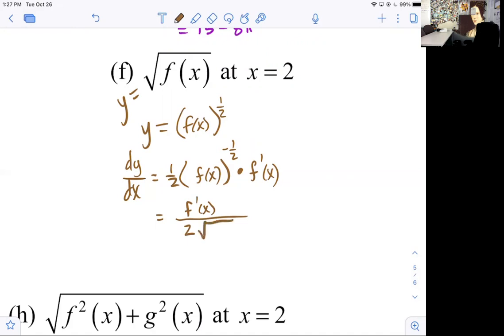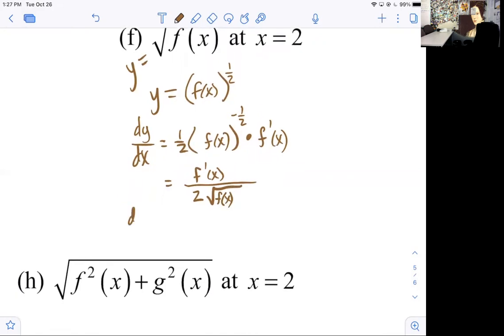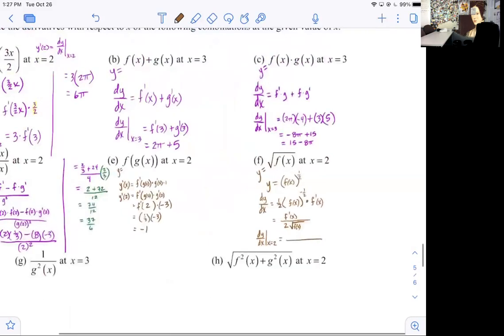The 1/2 puts it back under the radical. Okay, so there's the cleaned up version of it. And now we can plug in a 2. So the derivative of y with respect to x evaluated at x equals 2 equals, I think I will try to pull this one straight out of the table, f prime of 2.